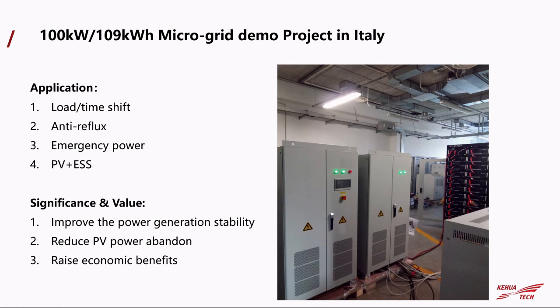And for this demo project in Italy, our 100 kilowatt power converter system is combined with the existing PV system to realize peak shaving and PV self-consumption. It is also equipped with an on-off switch cabinet to serve as emergency power.